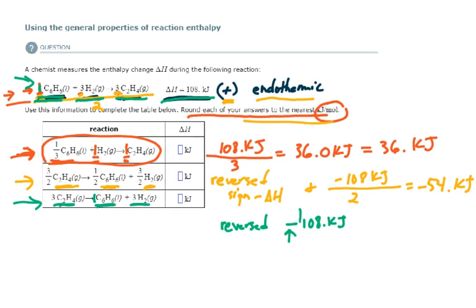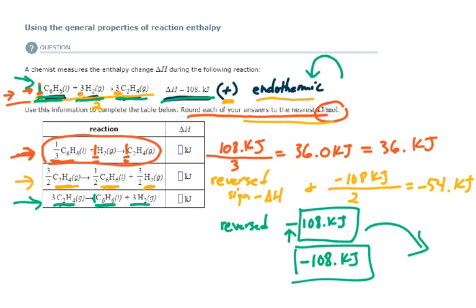It still involves 108 kilojoules of heat, but now it is not 108 kilojoules of heat needing to go into the system, but 108 kilojoules of heat given off by the system into the surroundings. So just to be clear and to reiterate, our final answer would be negative 108 kilojoules.